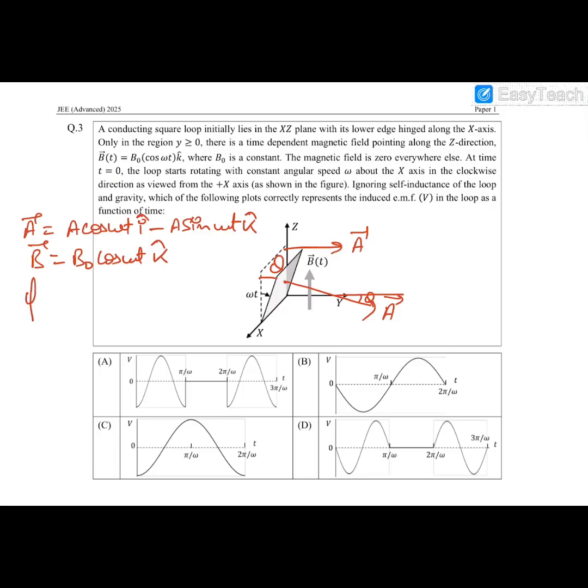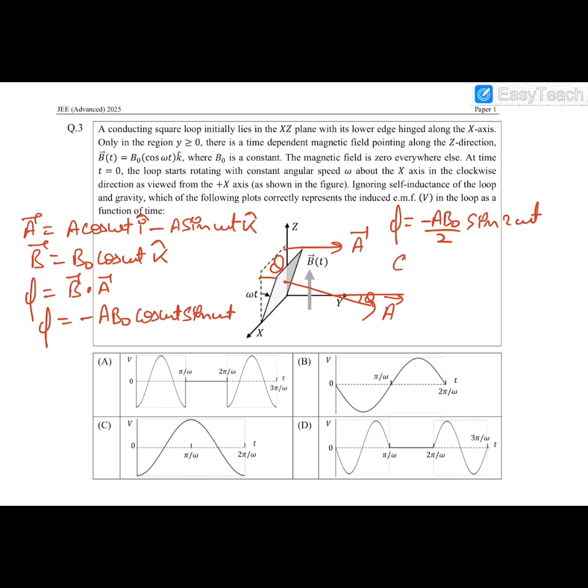Now we know that flux is equal to B dot A, and B dot A will be minus A into B naught into cos omega t sin omega t. We can write it as phi is equal to minus A B naught by 2 sin 2 omega t.